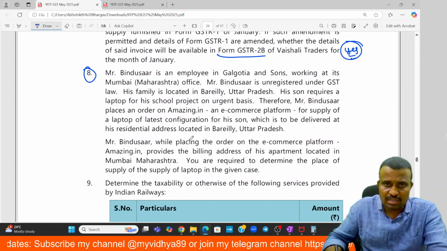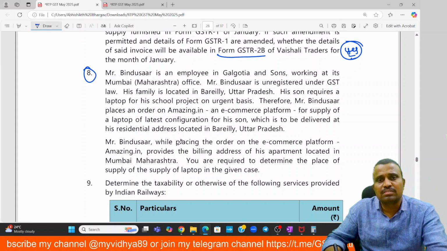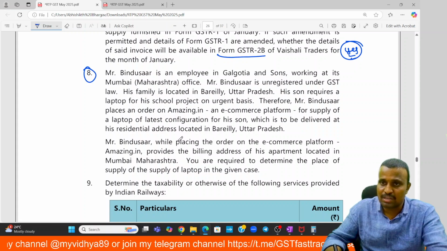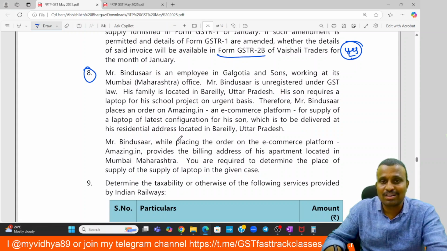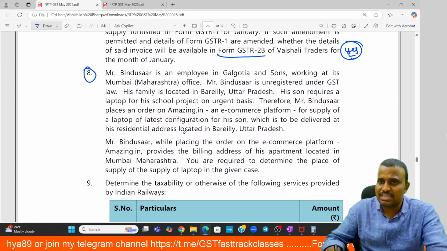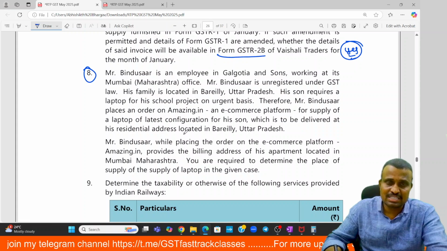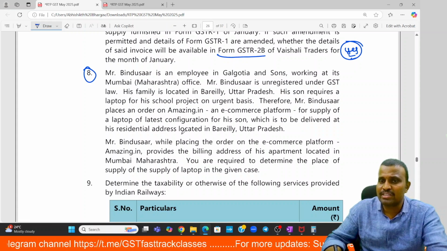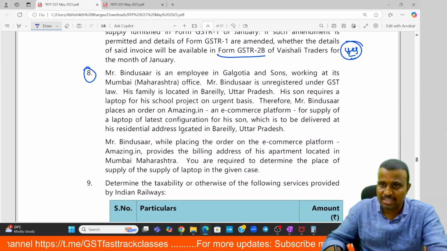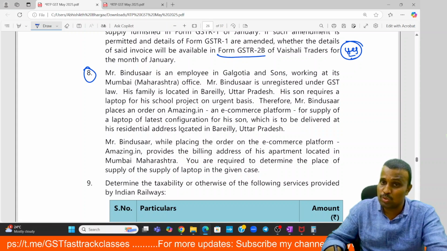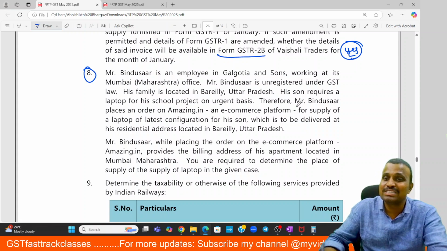Mr. Bindusar is an employee in Galgotia and Sons working at its Mumbai, Maharashtra office. Mr. Bindusar is unregistered under GST law. His family is located in Bareilly, Uttar Pradesh. His son required a laptop for his school project on an urgent basis.